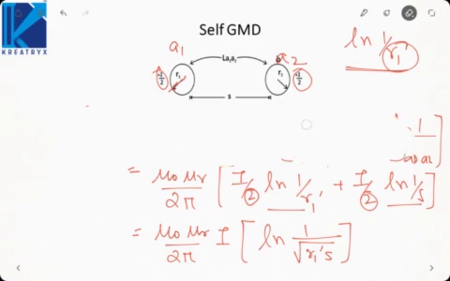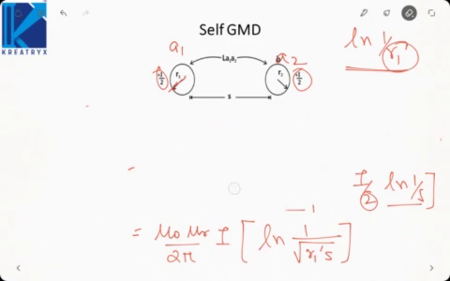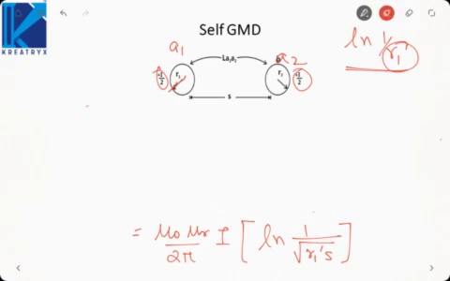Now what happens when multiple conductors are present in a single phase? There will be two types of flux: self flux for each conductor and mutual flux between the two conductors. So here A1 and A2 will also have some mutual flux, but this mutual flux is between the conductors of the same phase.